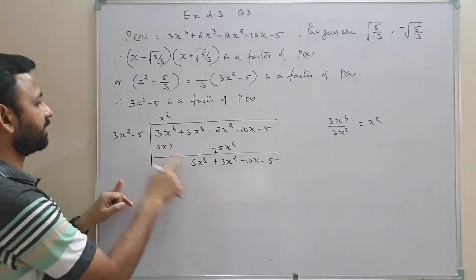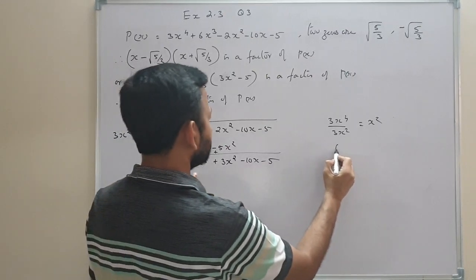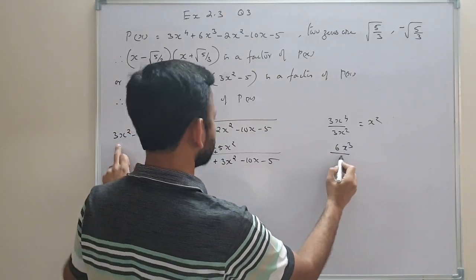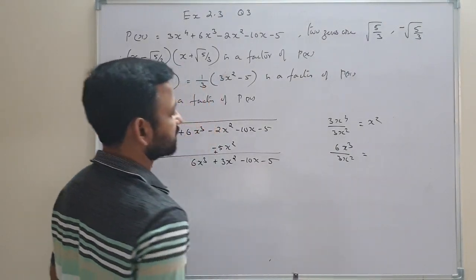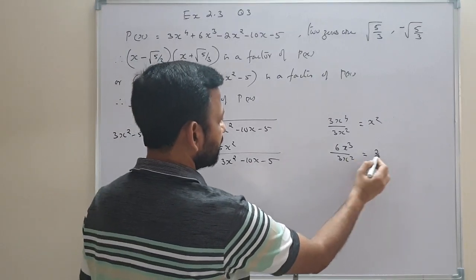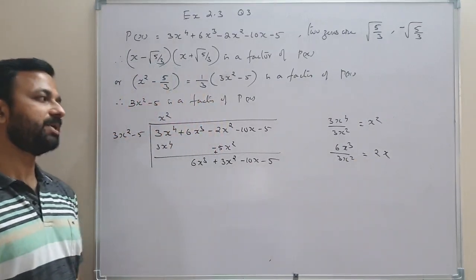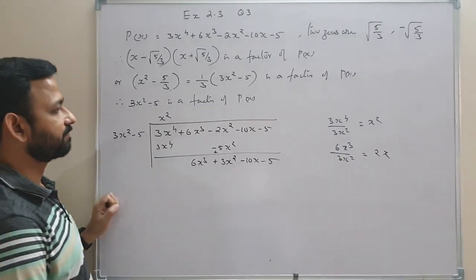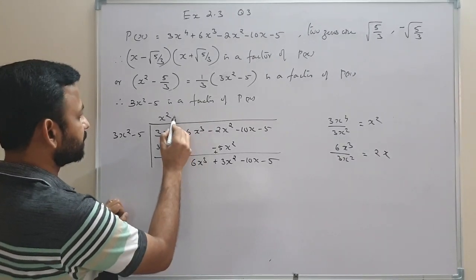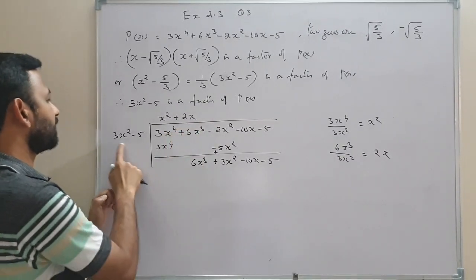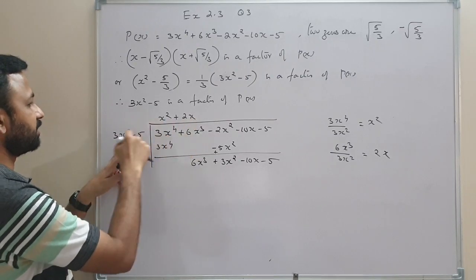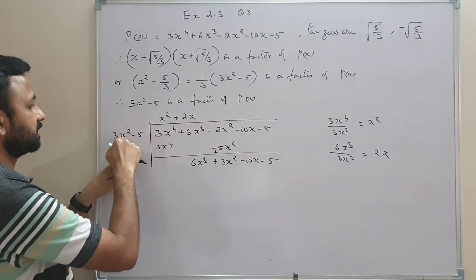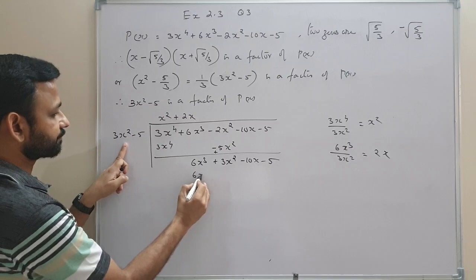Again, first term divided by first term. 6x cube divided by 3x square. 6 and 3 cancel, 2x. X cube divided by x square is x. Then we write a positive sign, plus 2x. Multiply both the terms by 2x. 2x into 3x square, 6x cube.